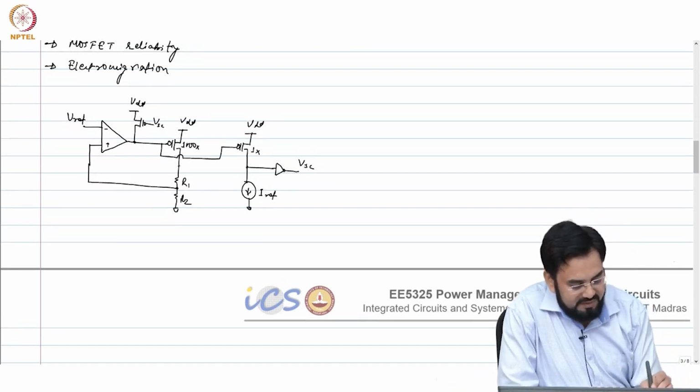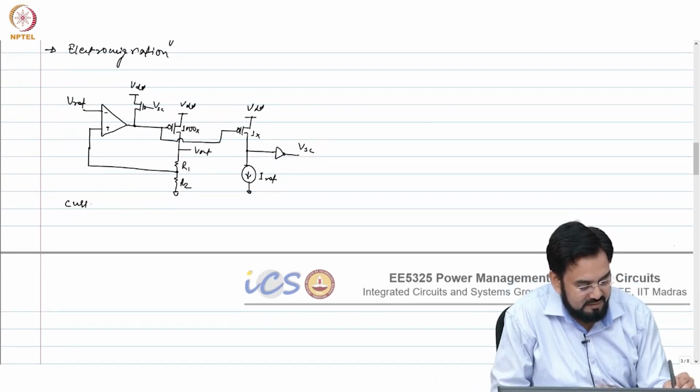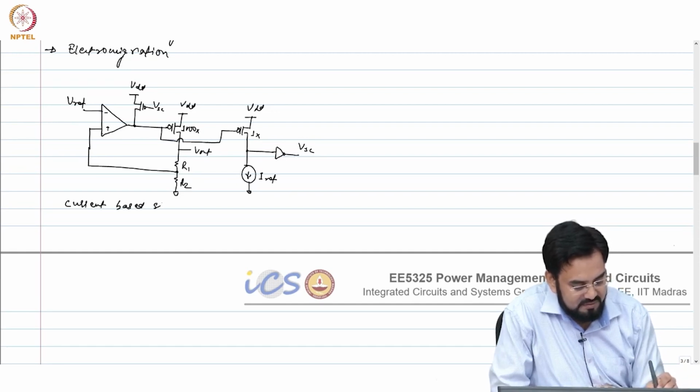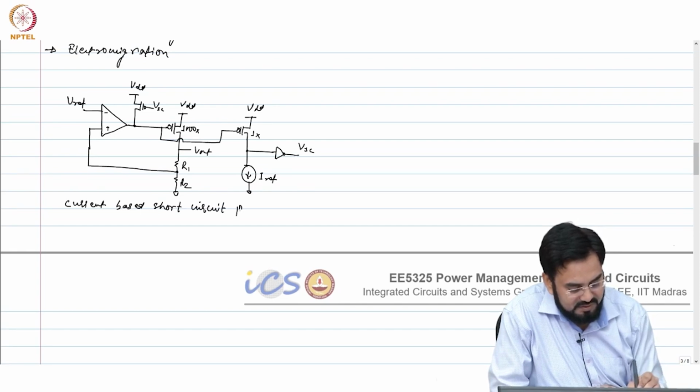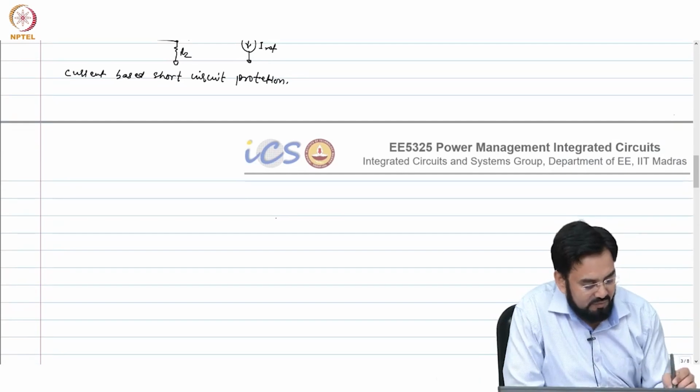So this is one way, and this was your Vout. So this is your current based short circuit protection.